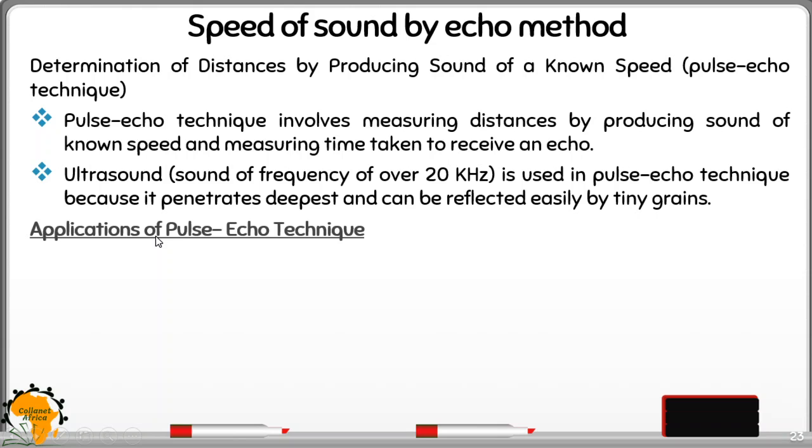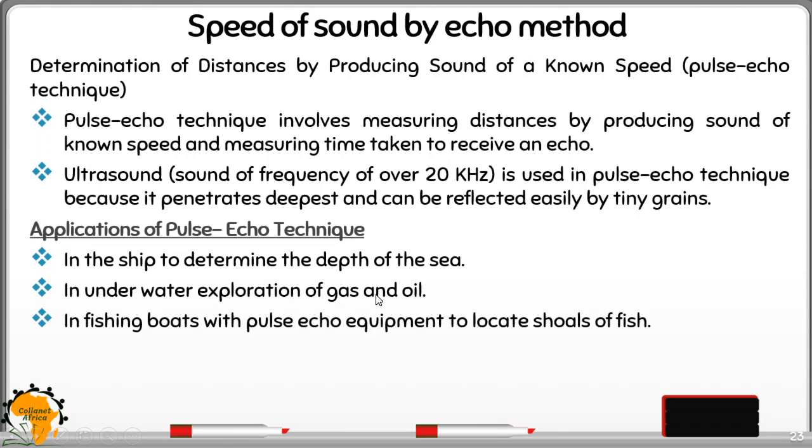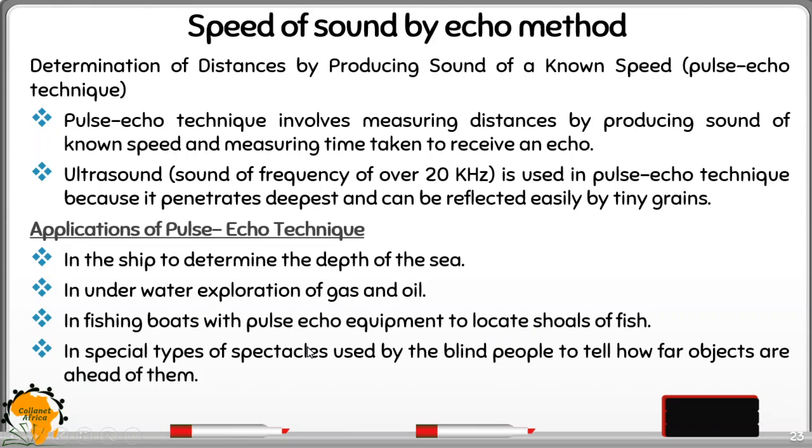So we look at applications of the pulse echo technique. 1, it is used in ships to determine the depth of the sea. It is used in underwater exploration of gas and oil because it is reflected by these. In fishing boats, this can be used to locate shoals of fish.